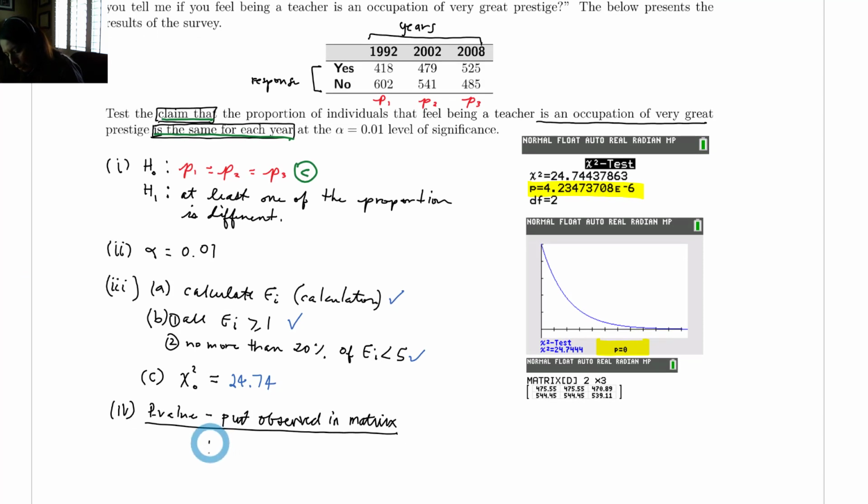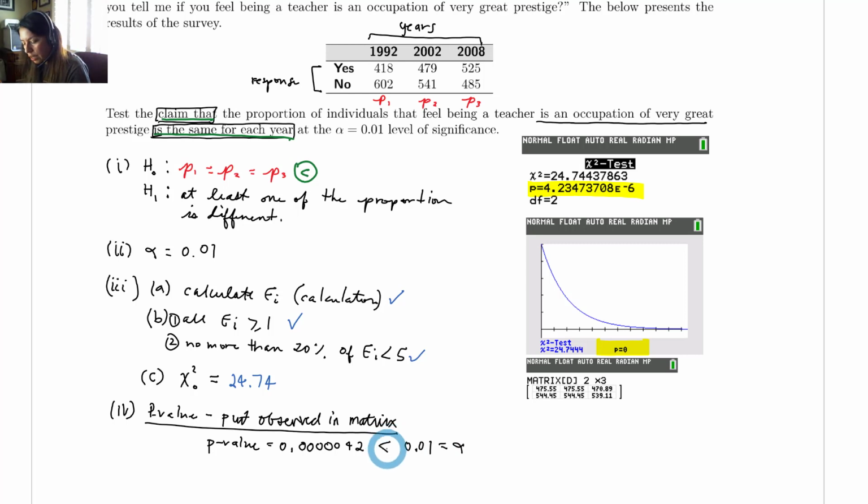So here, the p-value is equal to 0.000042, and the alpha we wanted was 0.01, and we can see that that is much smaller than the alpha.